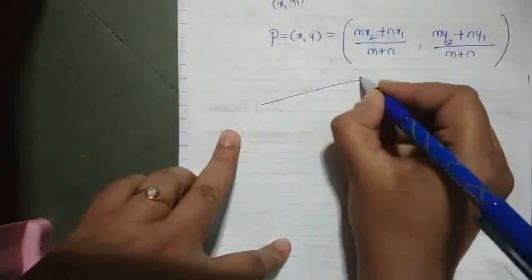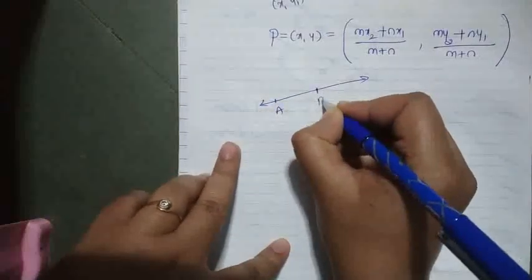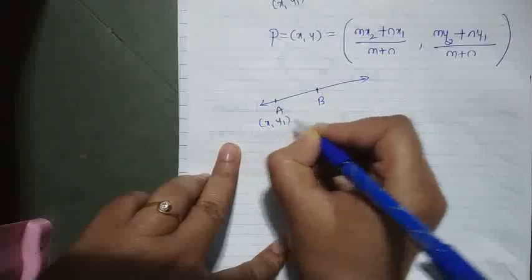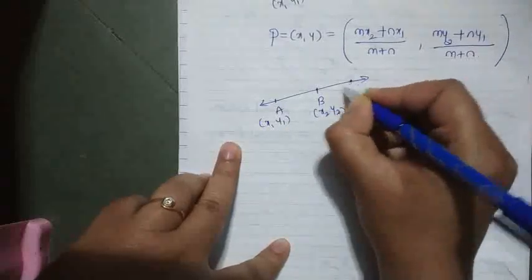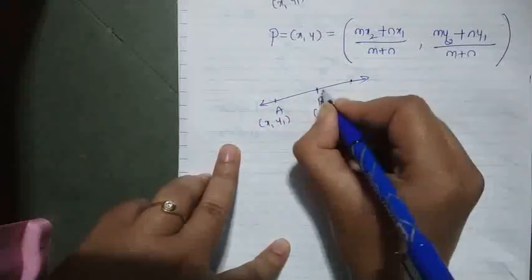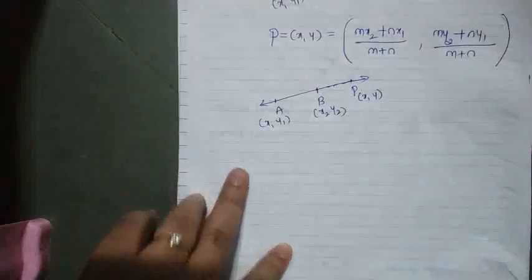What is the formula for external division? The coordinates of the points A and B are given by x1, y1 and x2, y2. The point of division is an external division here. It divides the line AB externally. Therefore, the coordinates of point P are x, y.